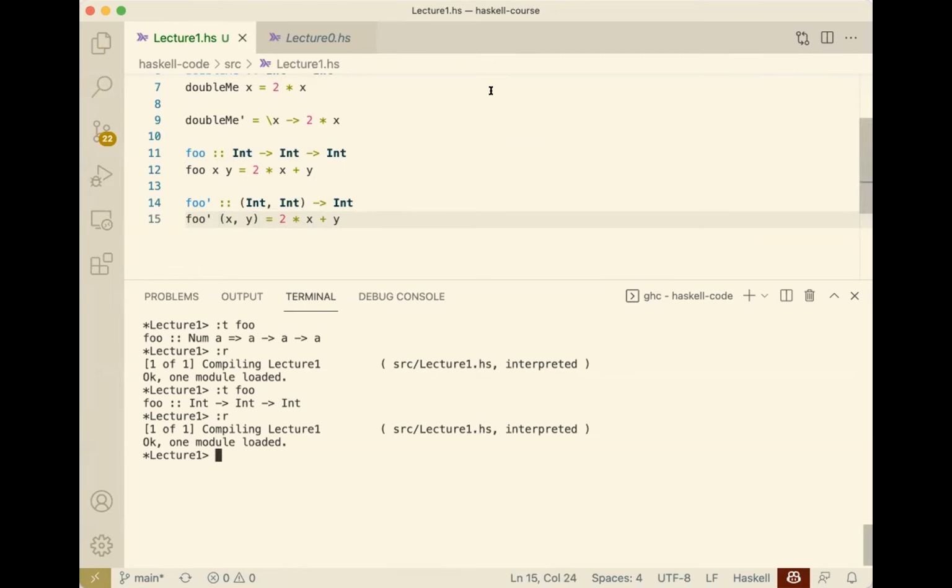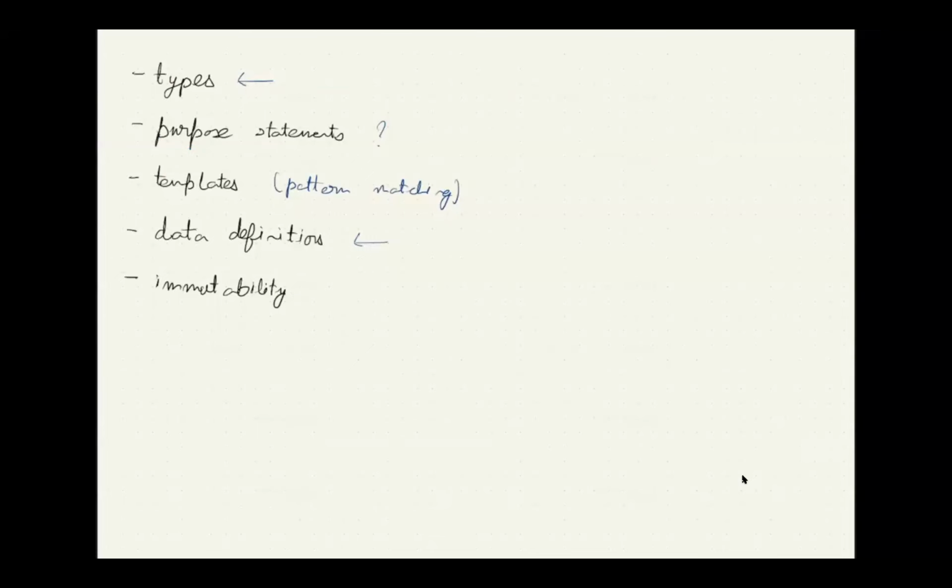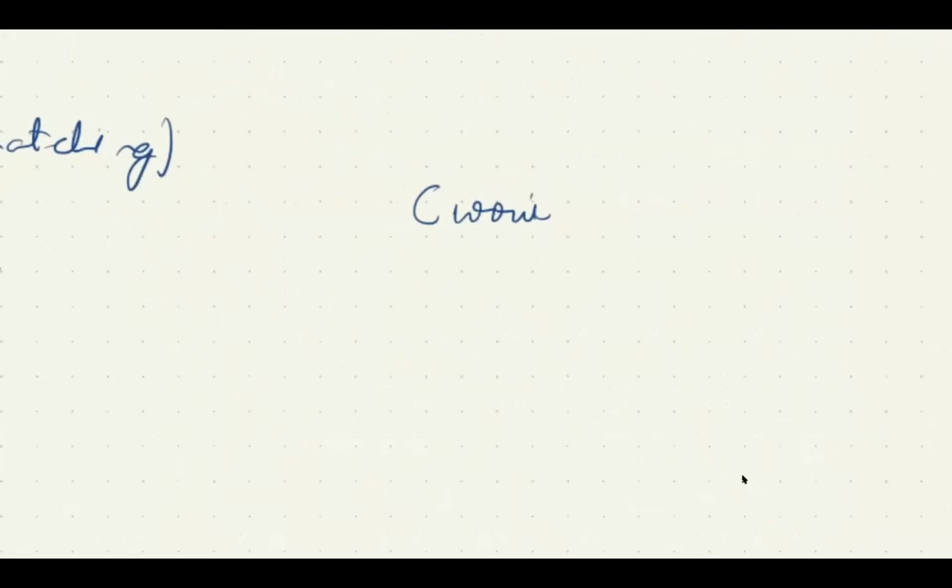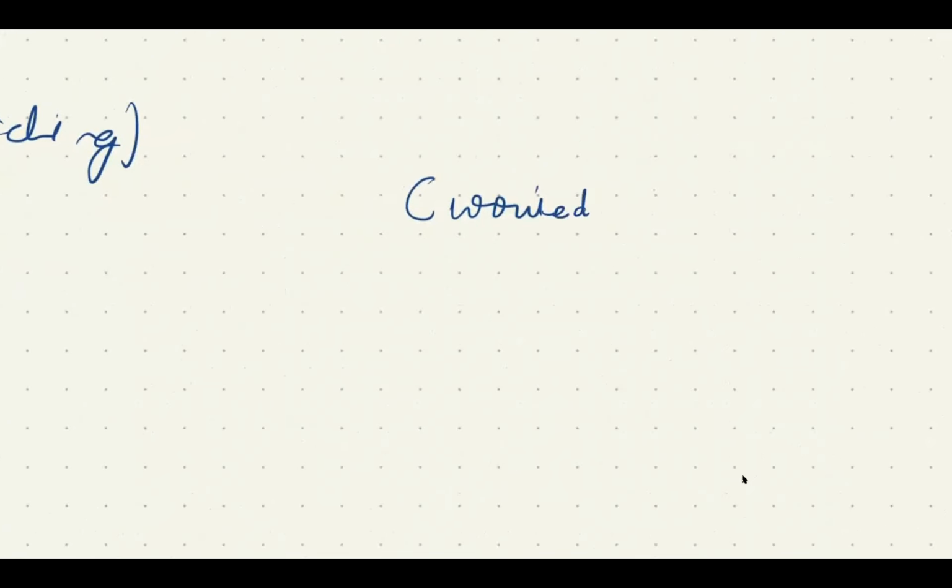So let me explain how this curried function works. Let's say that I want to have foo of x comma y to be defined as 2 times x plus y.